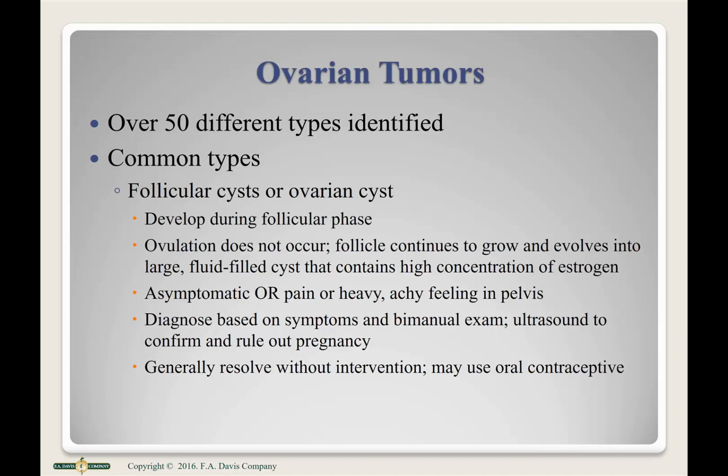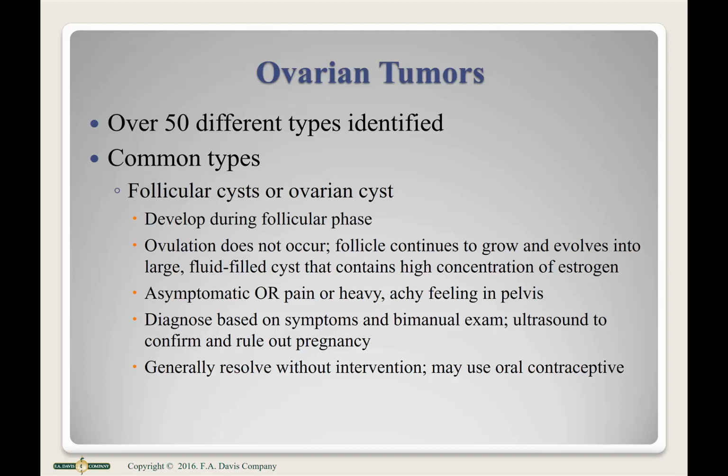All right, ovarian tumors. There's a million different kinds of ovarian tumors. We're just going to talk about some of the common types. Follicular cyst or ovarian cyst, really the same thing, because the follicle is in the ovary. So of course it's developed during the follicular phase when the follicle is growing.